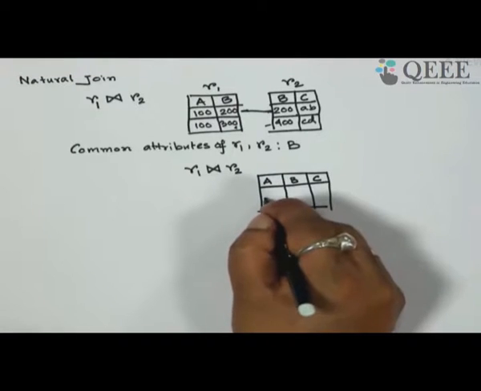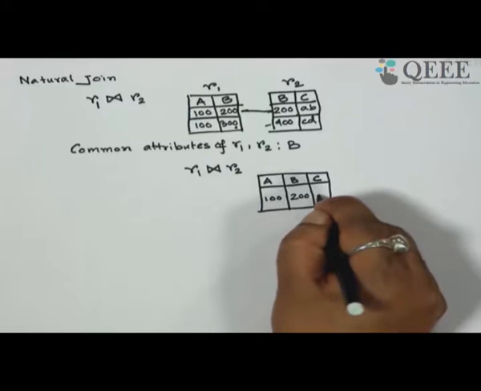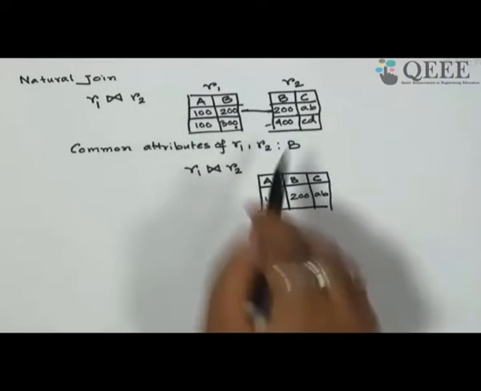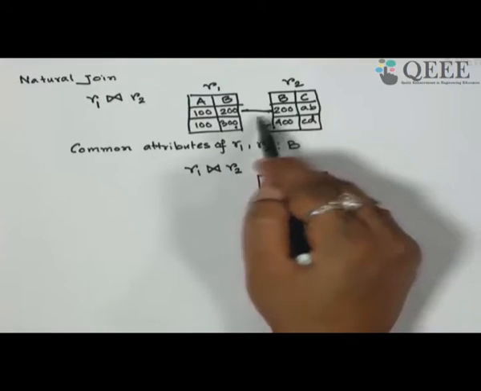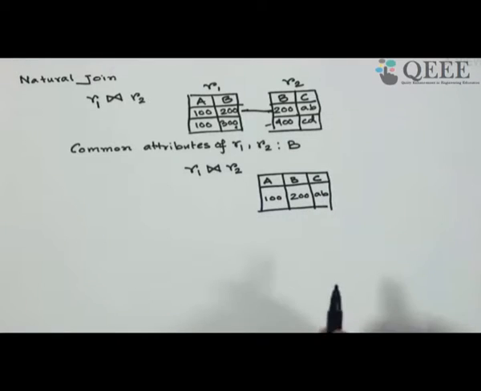So, in this case it will contain only one tuple, this will be the only tuple. I will take 100, 200, this value is same, so I need not repeat it, and the C value. Okay. So, this is the result of the join.